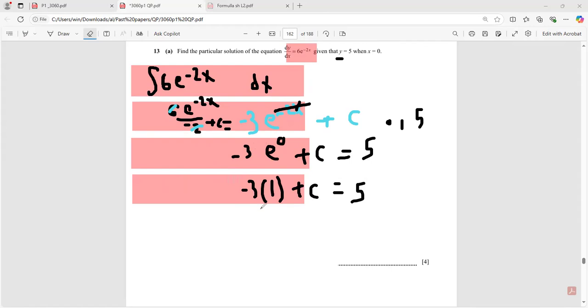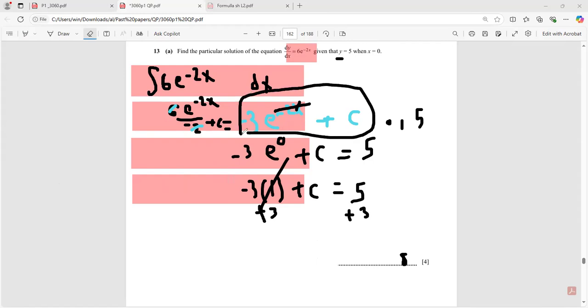So here is -3 plus 3, so the c now is equal to 8. So all we do is write the solution: y equals -3e to the power -2x plus 8, and did it. Let's see the next.